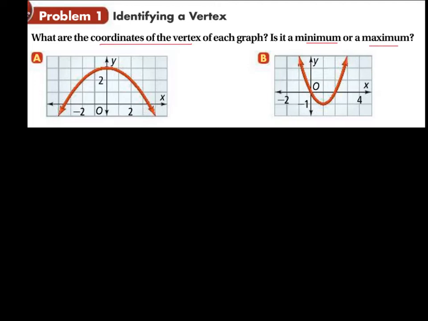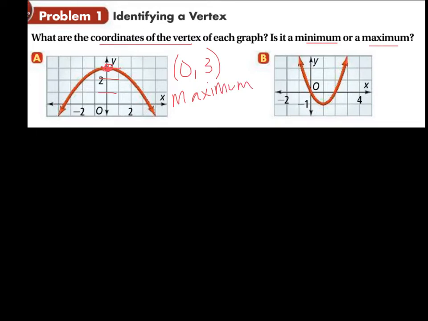So if we look at example A here, the vertex, remember, is always the highest or the lowest point. So in this case, that vertex is sitting right up here. So the vertex in part A is at 0, 3. Okay, 1, 2, 3. And since it is a high point, we would say that it is a maximum.